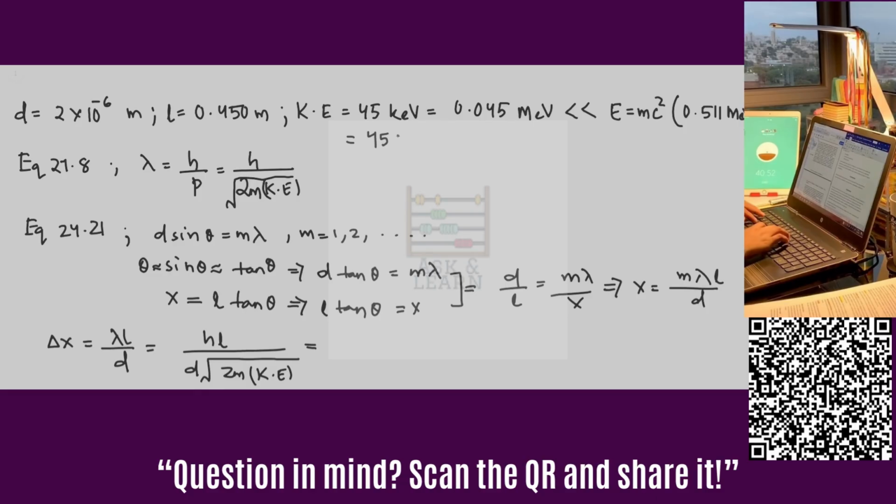So in terms of joules, this will be equal to, so this is the value in electron volt, and we have to multiply it by a factor of how many joules are there in 1 electron volt. So this is the value of kinetic energy that we need to use in this equation.